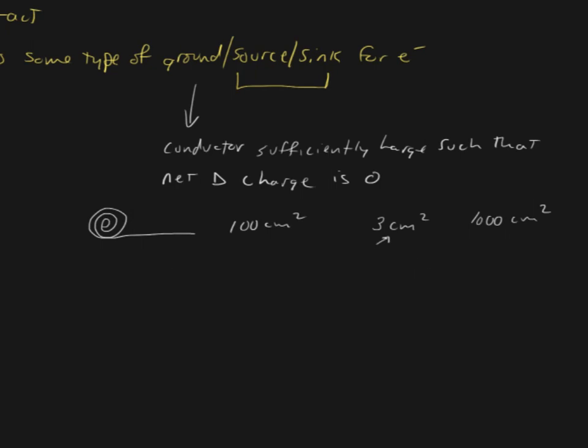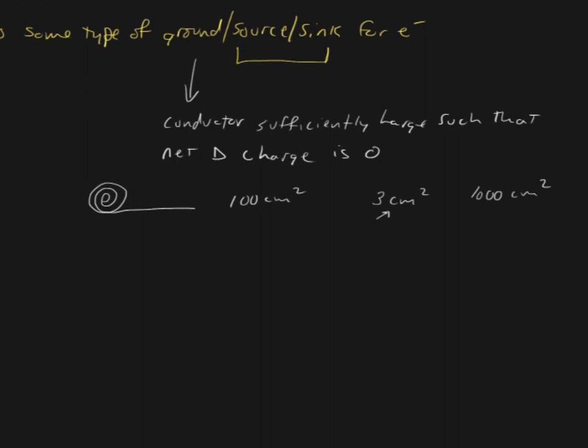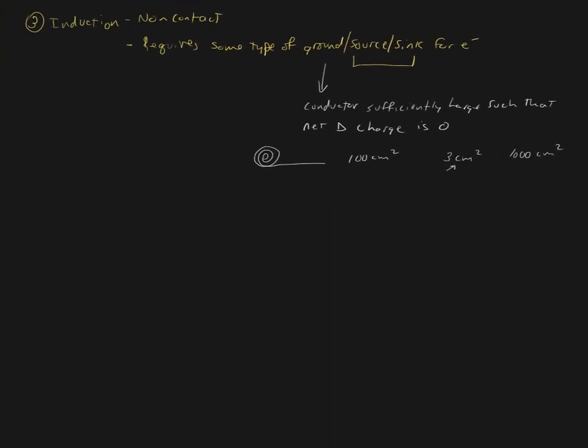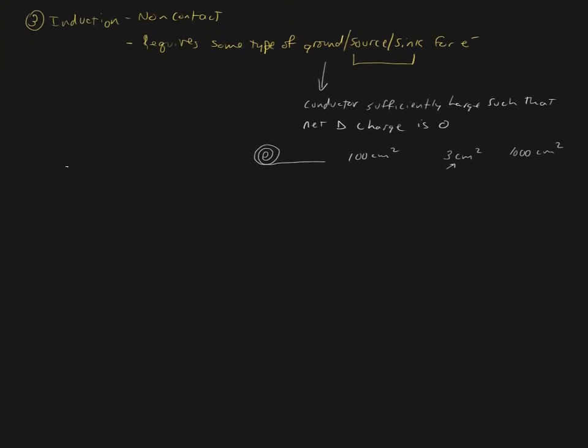All right, so when we charge by induction, the process goes something like this. So we've got a charged sphere, a neutral sphere, and it is connected to an insulating stand.